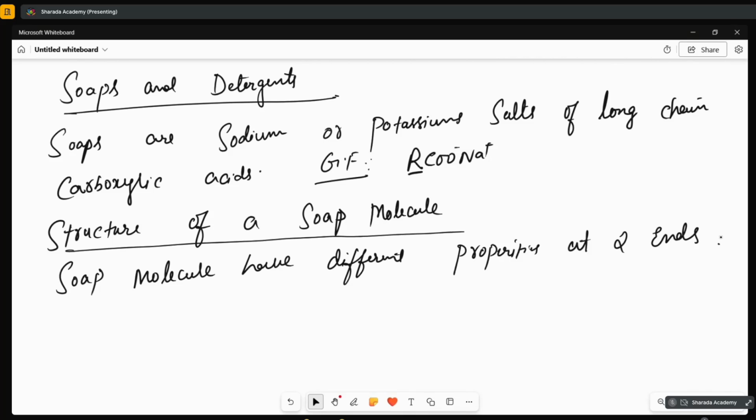All negative ions are oriented one side, positive ions are oriented one side. Since the negative ions repel each other, they don't stick to anything. When you just rinse that, dirt and the micelles can be removed easily. So that's how it can be used for washing purpose.